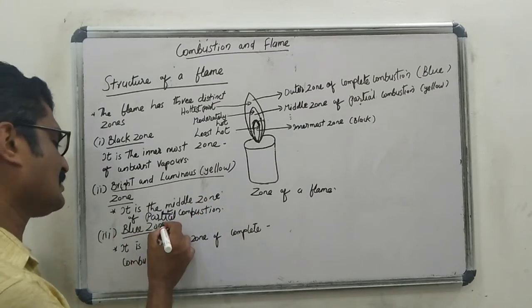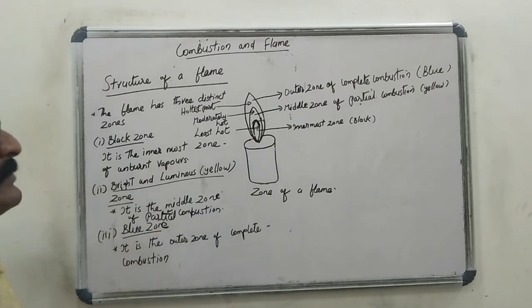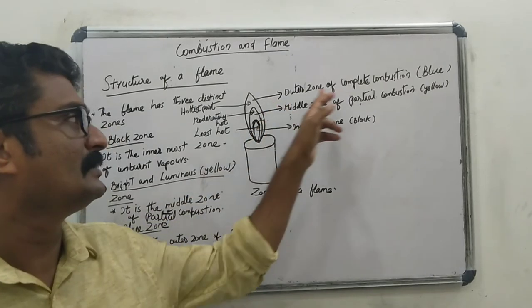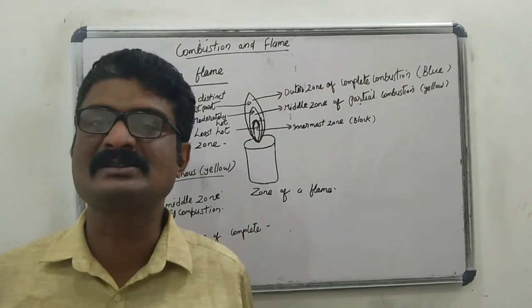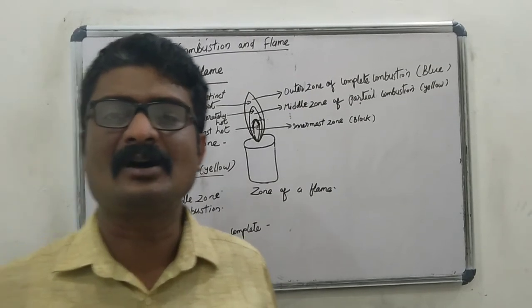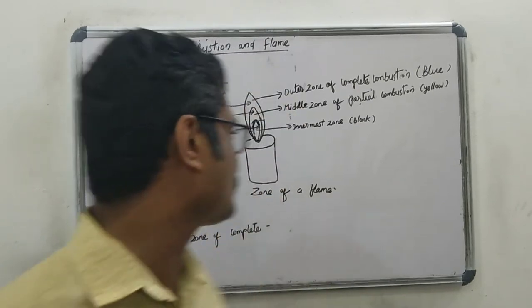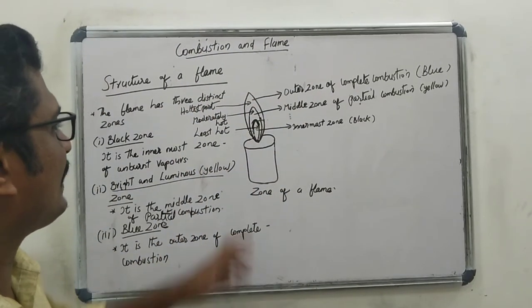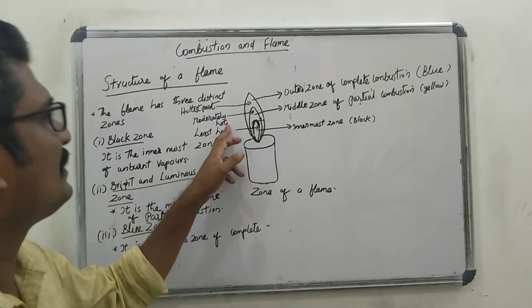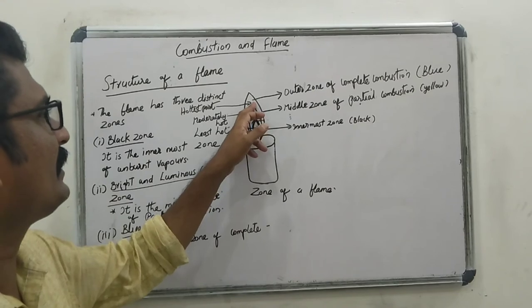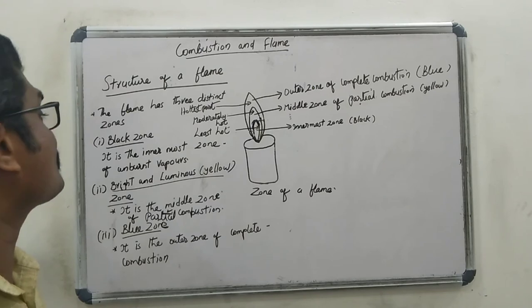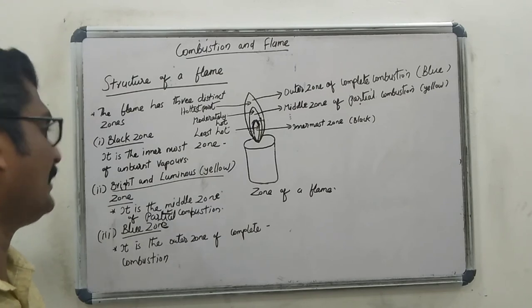And the third zone is the blue zone. It is the outer zone of complete combustion. It is the hottest and non-luminous. The black zone is least hot, the middle zone is moderately hot, and the blue zone is the hottest part of a flame.